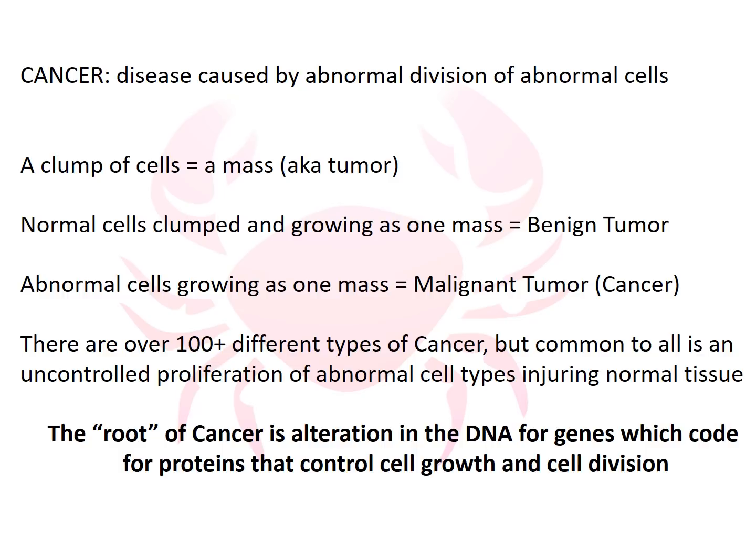At the root of cancer are alterations in DNA, specifically the genes which code for the proteins that control cell growth and cell division. If that DNA becomes mutated and those proteins become dysfunctional, meaning they're no longer regulated and are constantly in effect, that can lead to abnormal growth and abnormal division, which equals anaplasia, which eventually leads to the malignant tumor.